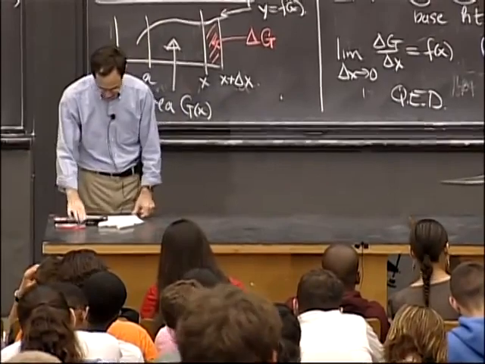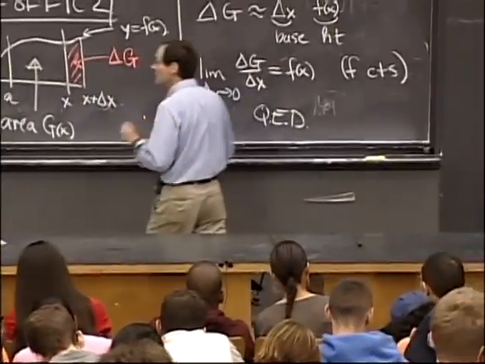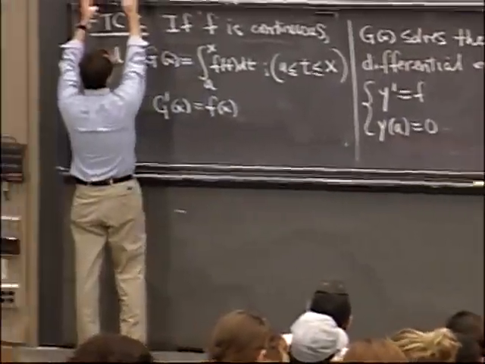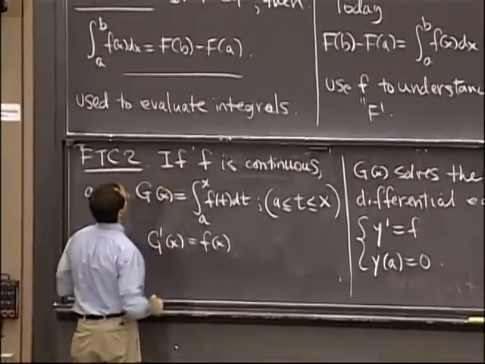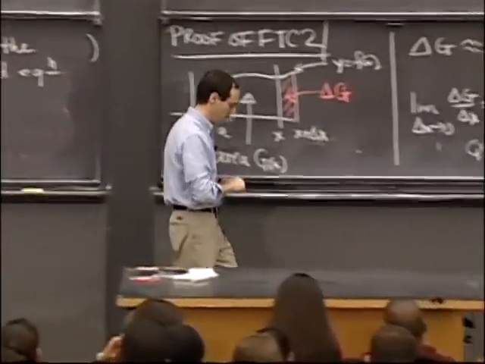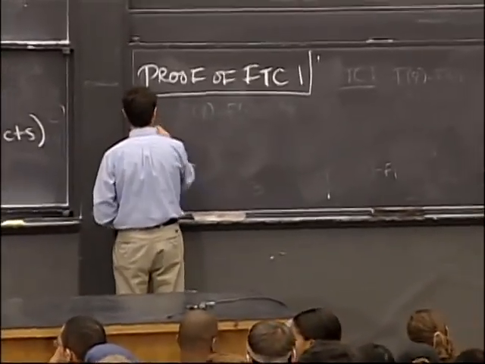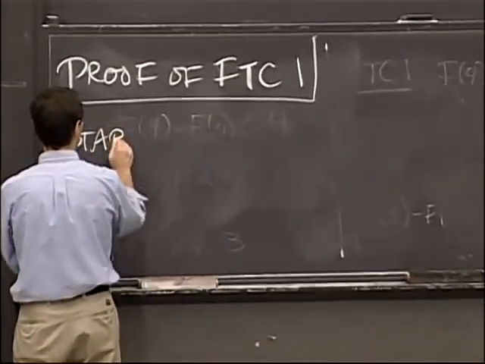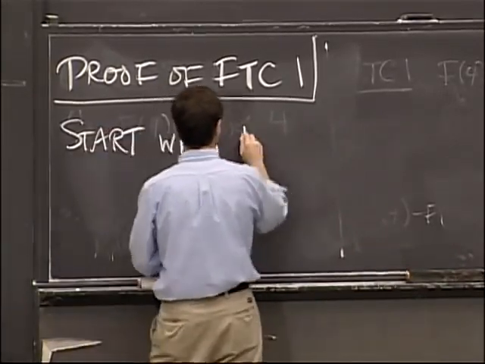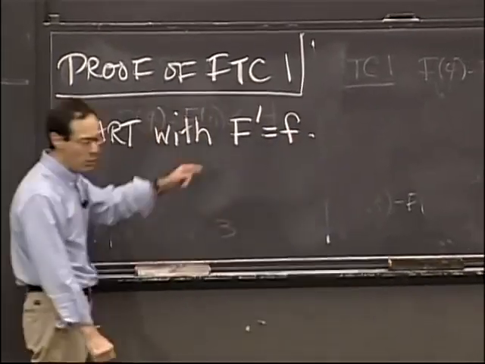All right, so now I still have it on the blackboard to remind you. It says that the integral of the derivative is the function, at least the difference between the values of the function at 2 places. So the place where we start is that with this property that f prime is equal to f.